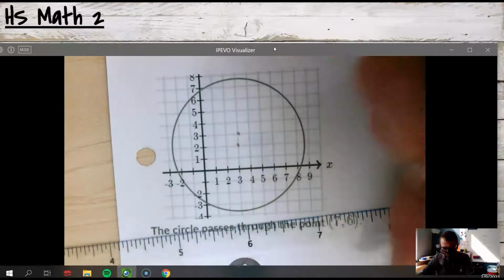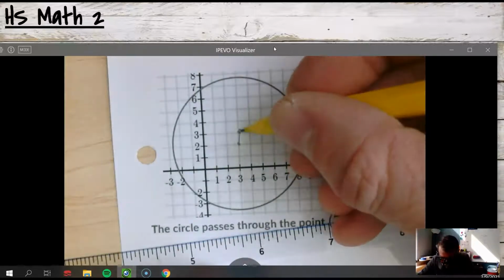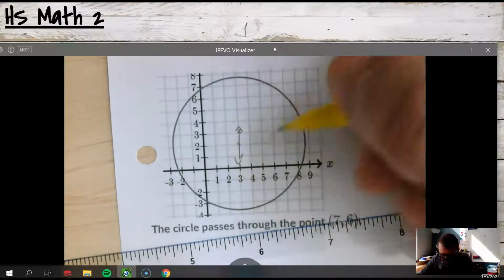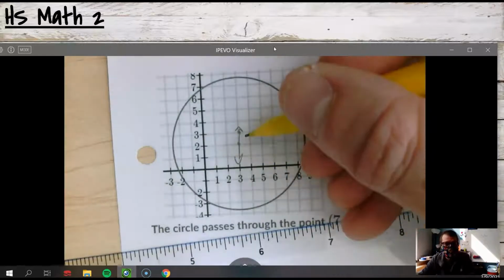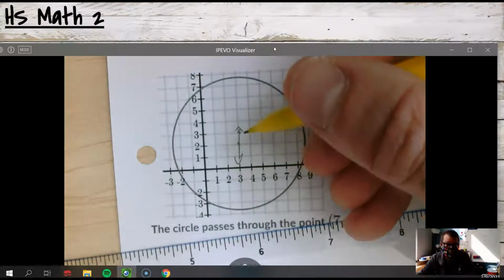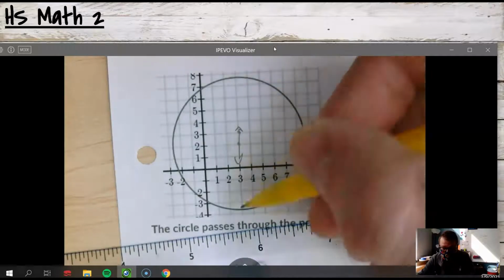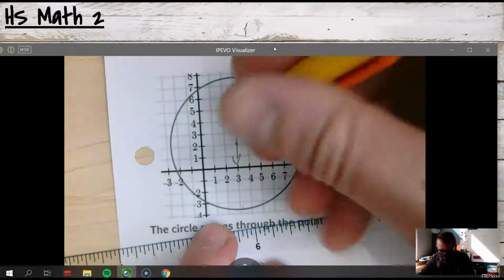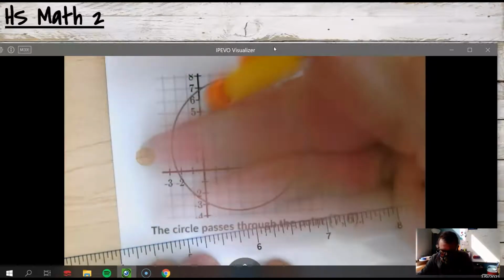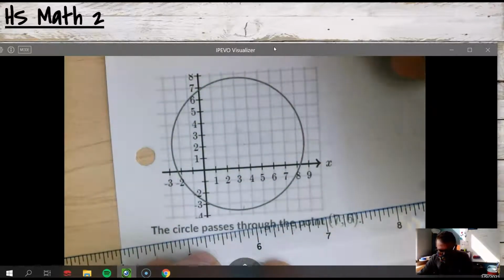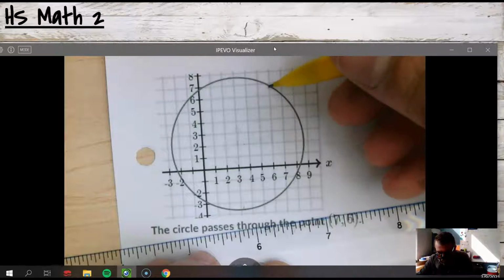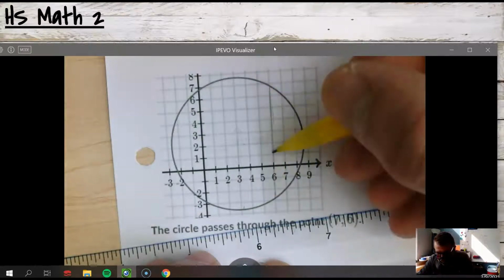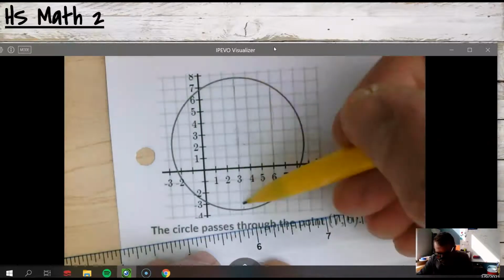I was just going to say you can count the number of. That's exactly what I wanted you to say. The center of the circle is equidistant from the edges, right? So if we count what we think to be the longest span across the circle, well, I can guarantee you that this span across the circle is not as long as this span across the circle.